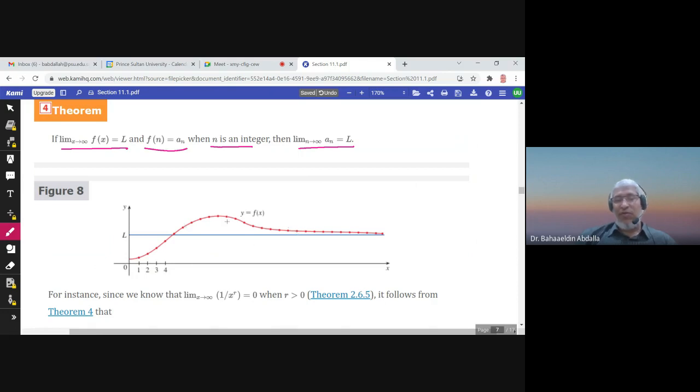So if the function approaches L, then the sequence also approaches L. So that's easy, and we can use it.